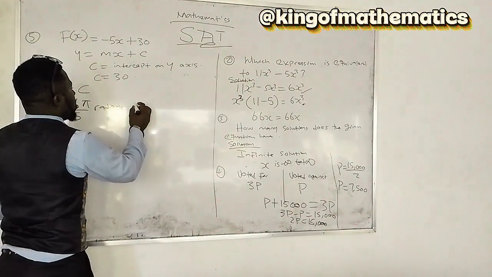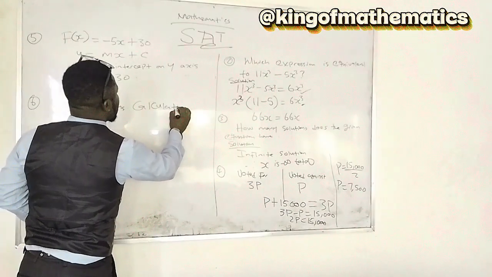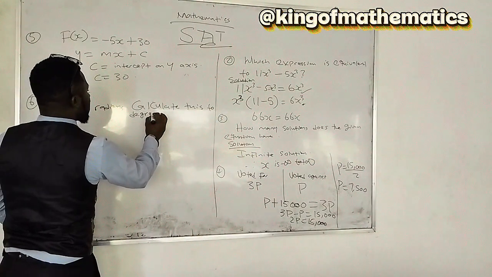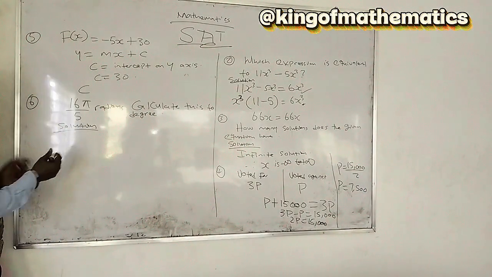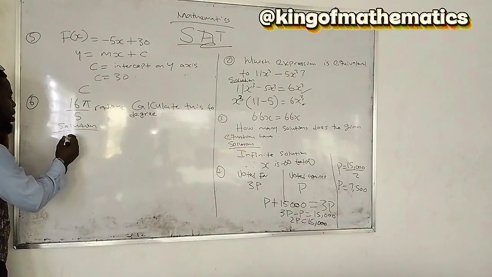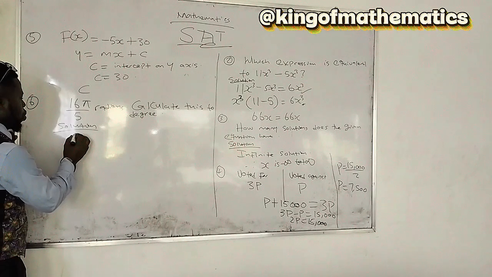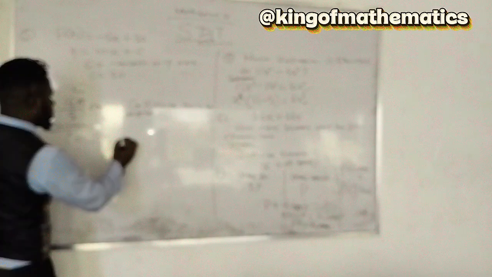They now said we should convert this to degree. So solution. Anytime you have a question on radian to degree, just know that one radian is equal to 180 over pi degrees.